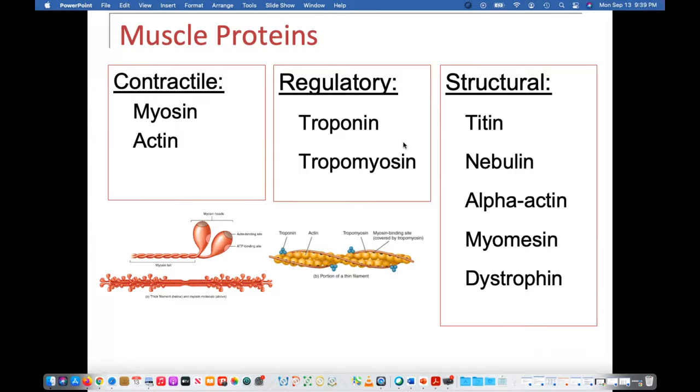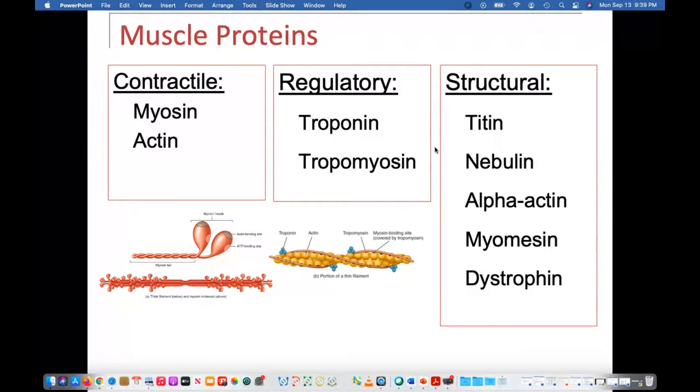Actin are thin filaments, myosin are thick filaments. The regulatory proteins, which are troponin and tropomyosin, you just have to understand that and know that. They're regulatory, meaning they're part of the on and off switch of muscle contraction. And there are some structural proteins, titin, nebulin, alpha-actin, myomesin, and dystrophin.